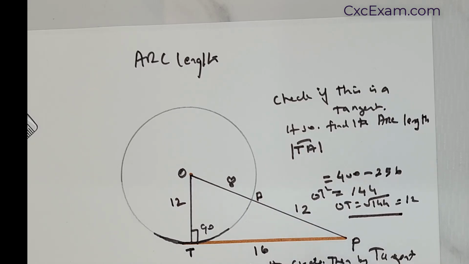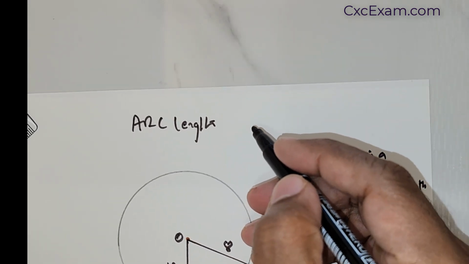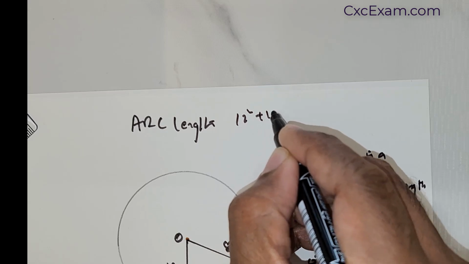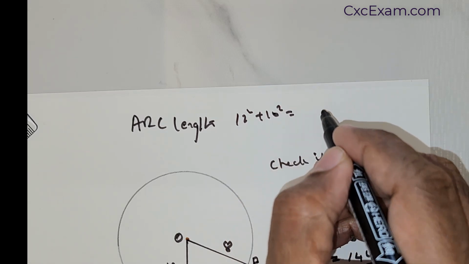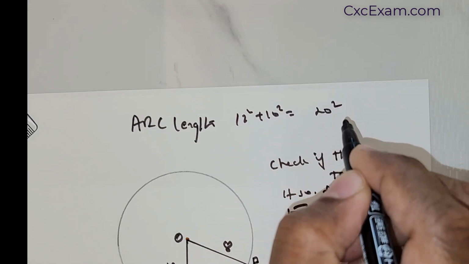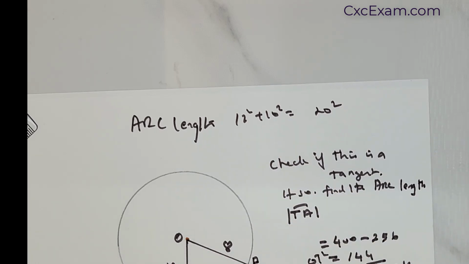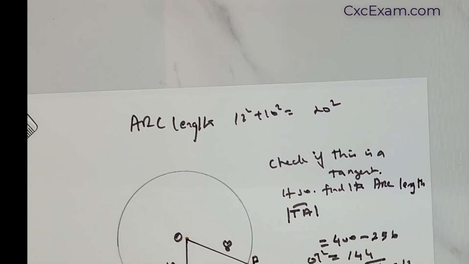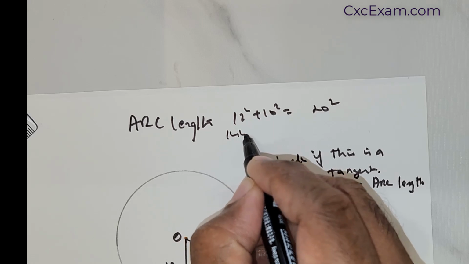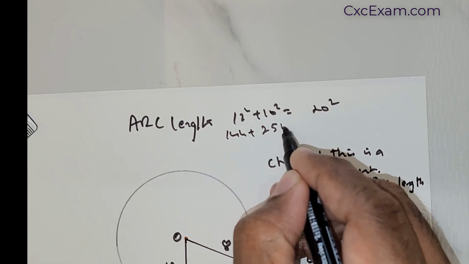So if I square this and add the square of this, then I should get the square of this. So let's check. 12 squared plus 16 squared is equal to 20 squared, right? So 12 squared is 144, 16 squared is 256.